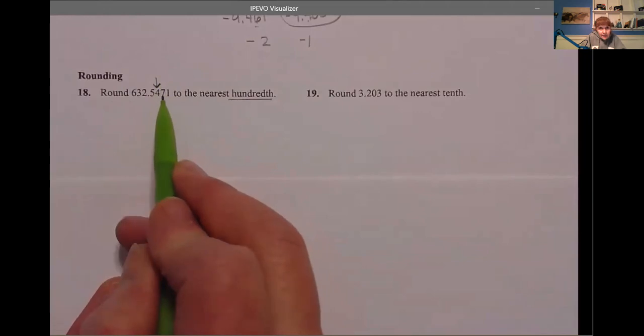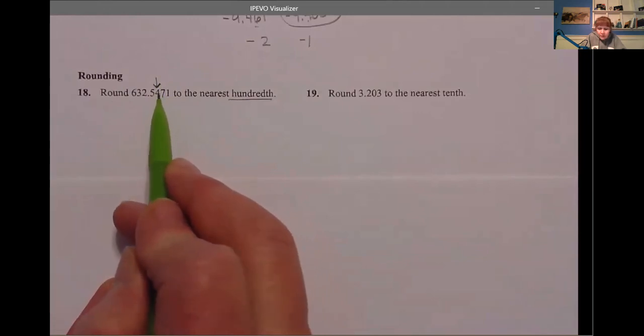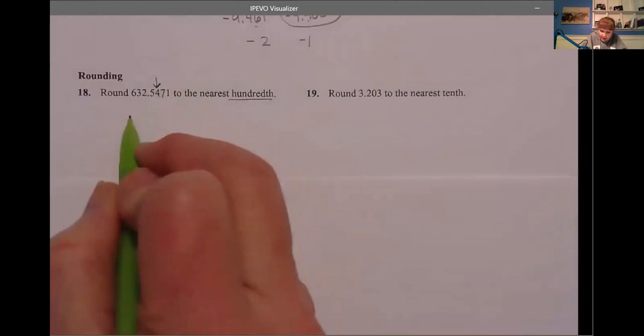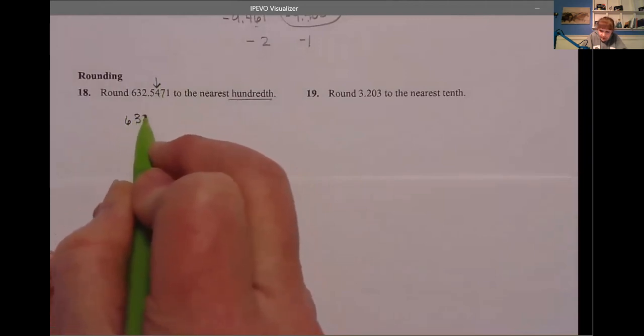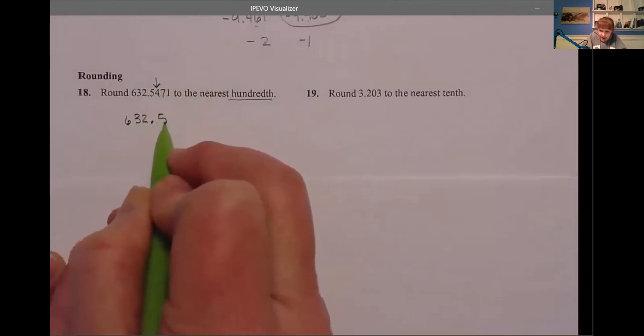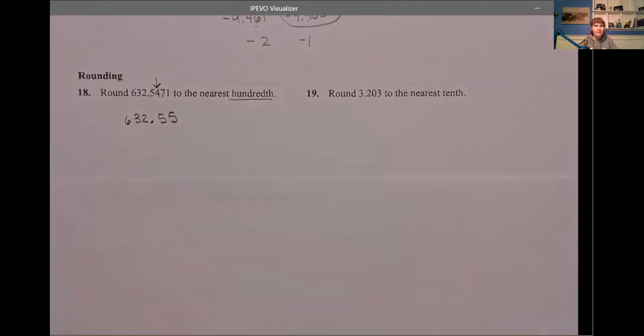That is 5 or greater, so I'm going to increase the 4 to a 5. So we have 632.55. Everything past the hundredth spot just drops off. You don't need to make them zeros. They can just drop off since we're on this side of the decimal.